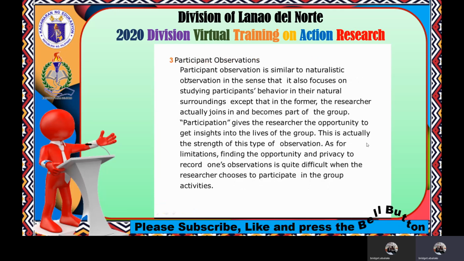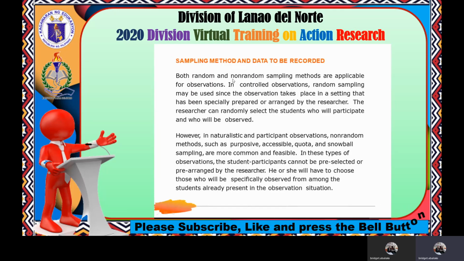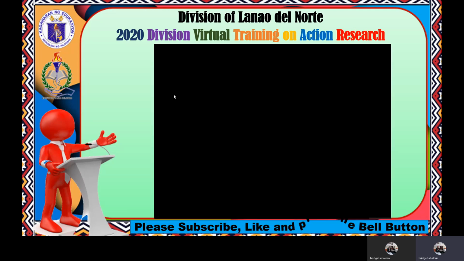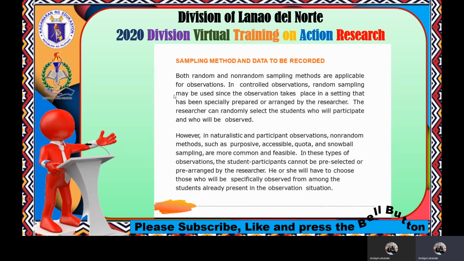Okay. Both random and non-random sampling methods are applicable for observations. In controlled observations, random sampling may be used since the observation takes place in a setting that has been especially prepared or arranged by the researcher.